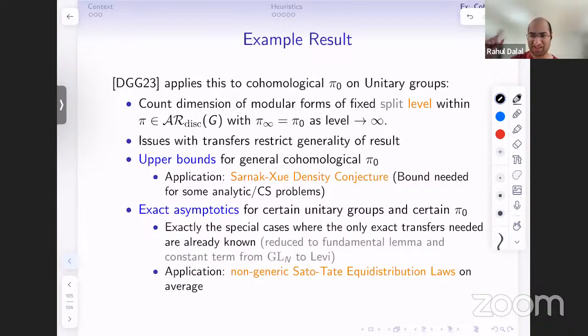There's a little bit of Arthur's classification on top of the fundamental lemma. So with the formalism of Arthur's classification, it gets reduced to the fundamental lemma, which you can think of as a really big black box. We're really happy that people gave this to us.